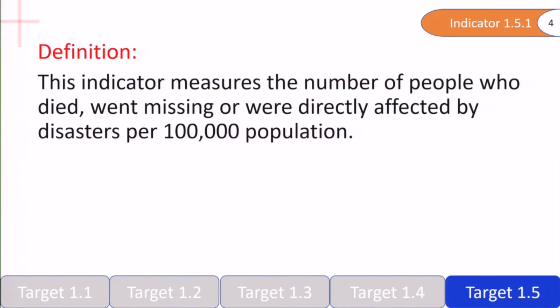The definition is that the indicator measures the number of people who died, went missing or were directly affected by disasters such as tsunamis, cyclones or tornadoes, divided by 100,000 population. That gives us the value which shows the achievement of target 1.5 through indicator 1.5.1.